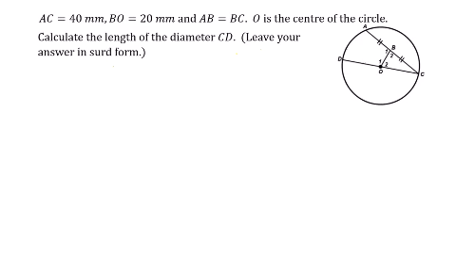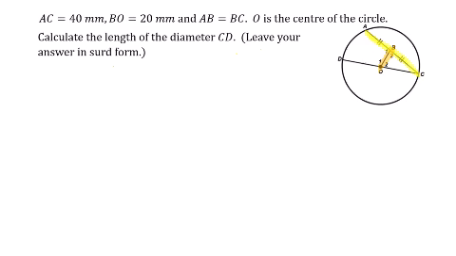OB is bisecting the chord AC. So AC is the chord, and OB is bisecting this chord. AC is 40 centimeters total, and O is the center of the circle, so a line from the center is bisecting the chord.